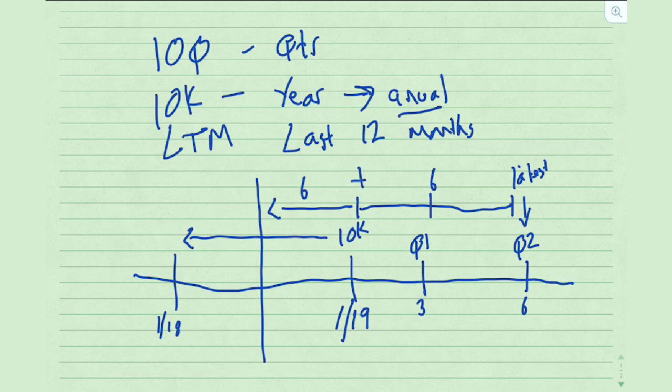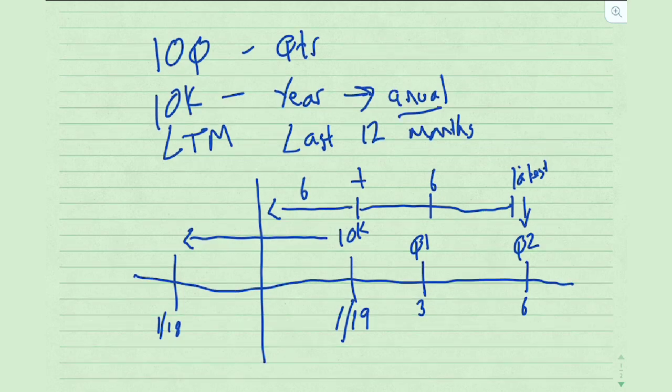So what we're going to do is calculate the last 12 months. There's a way you do it, where essentially you take the 10K's data. Let's put in some imaginary data. Say for this 10K, they're reporting revenues of 12 million. And let's say for this 6 months over here, they're reporting 7 million of revenues.